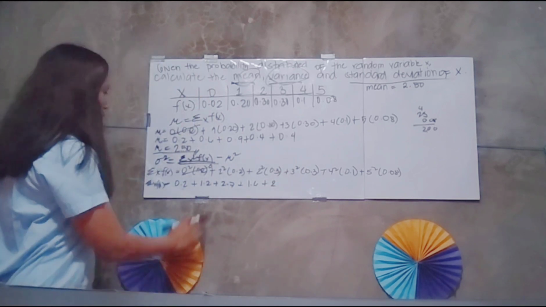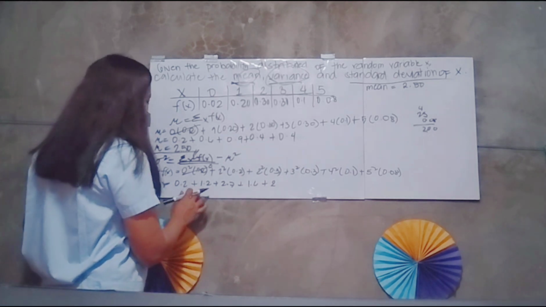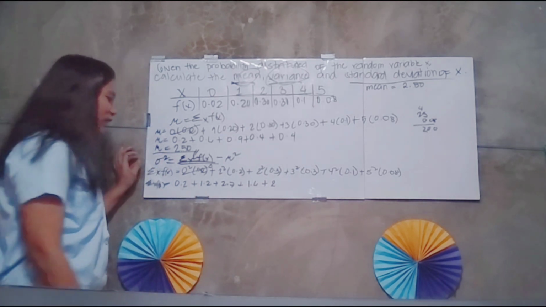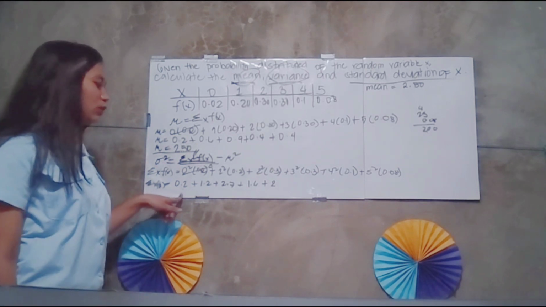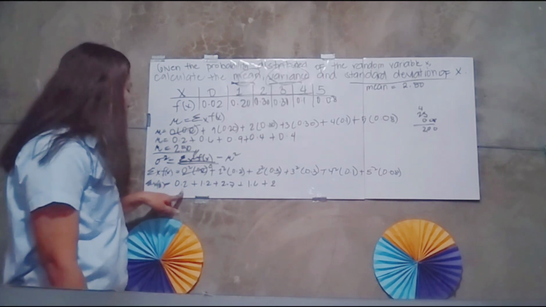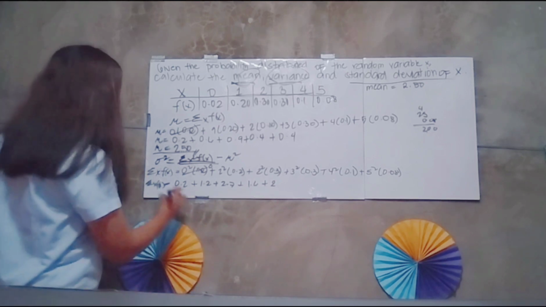So, here, 2 plus 2.7 is 4.7, plus 1.2 is equal to 5.9, plus 0.2 is equal to 6.1, plus 1.6 equal to 7.7.